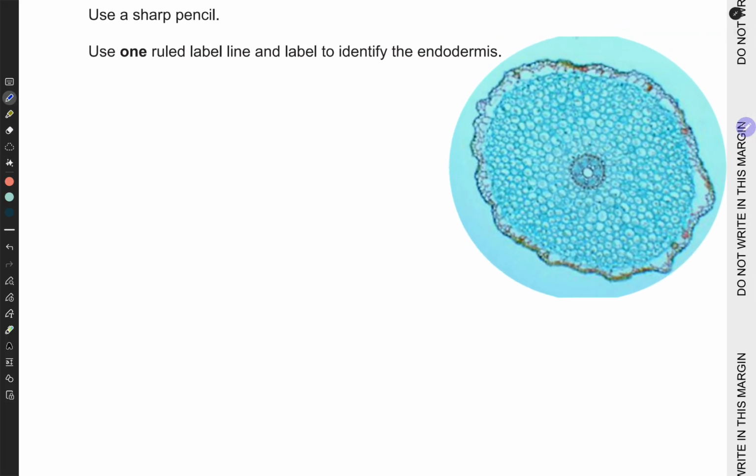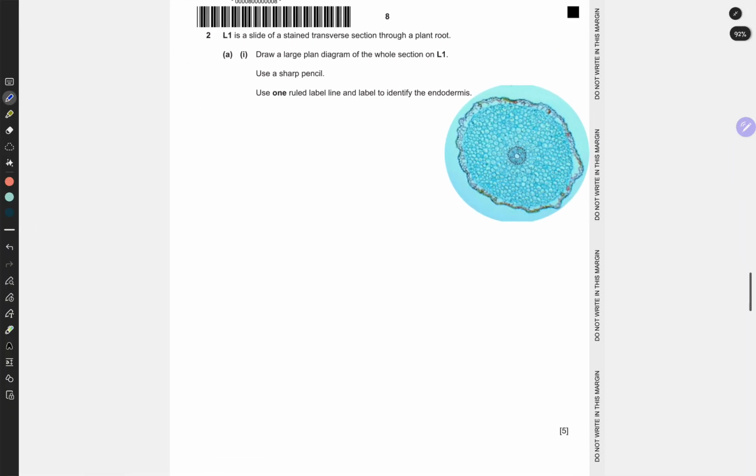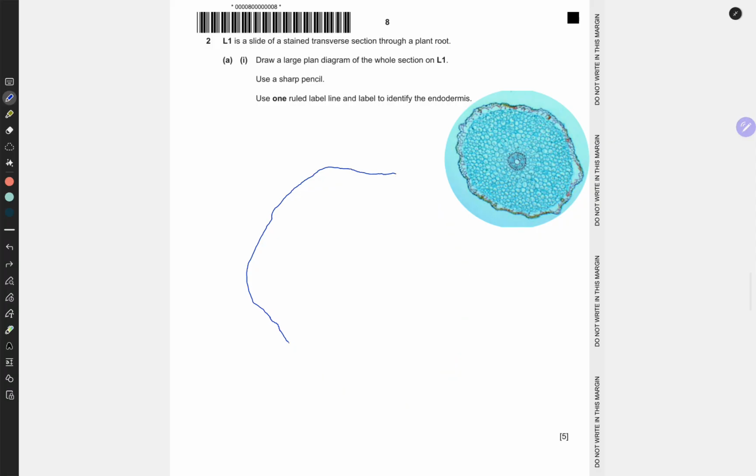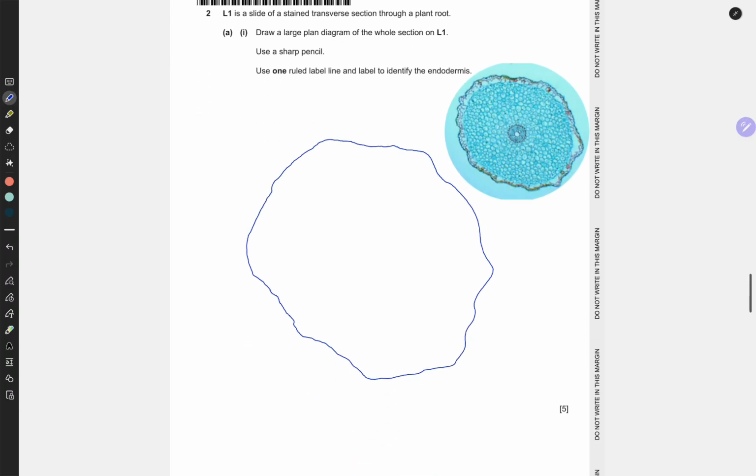You might get a perfectly circular one. Then it's double lined.